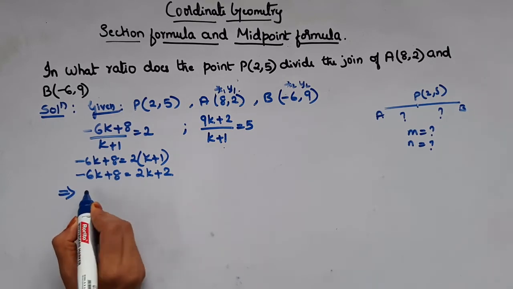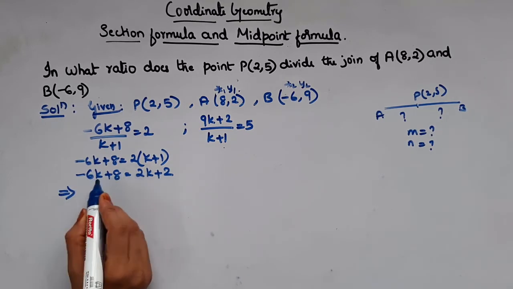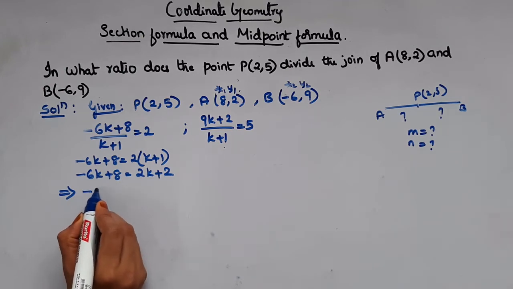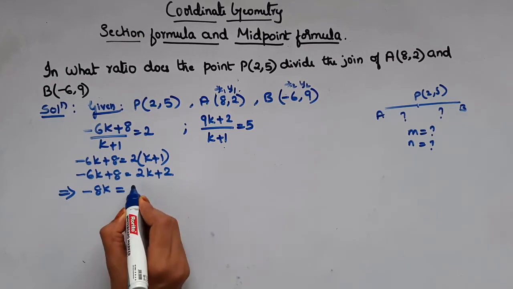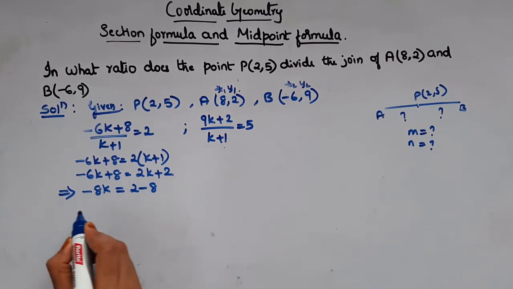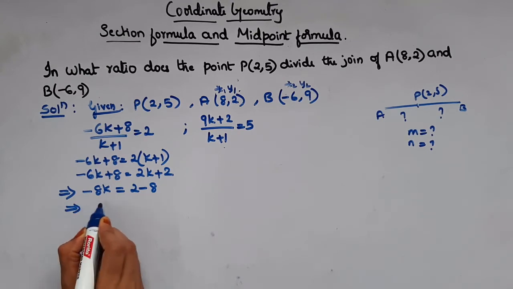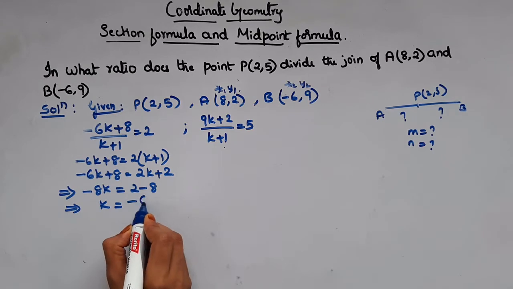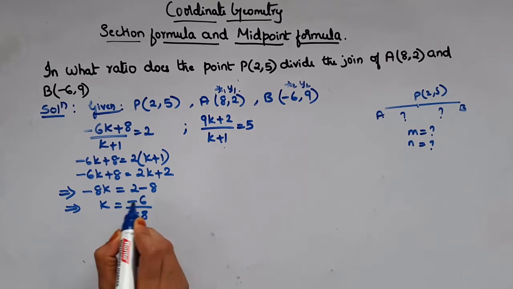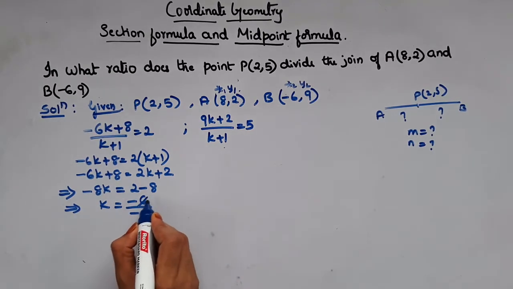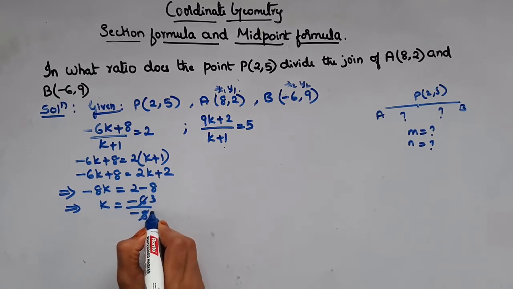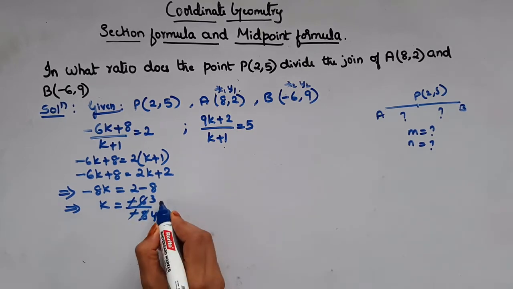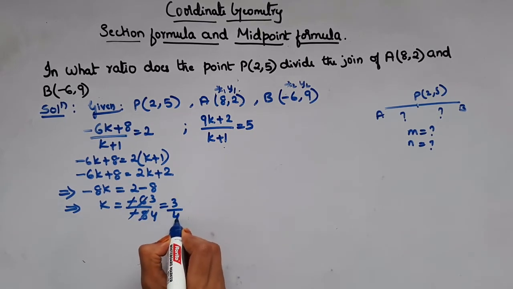We have minus 6K and minus 2K will give you minus 8K, which is equal to 2 minus 8, which implies K is equal to 2 minus 8, which is minus 6, by minus 8, right? So 2 3s are 6, 2 4s are 8, minus and minus is gone. So we are left with 3 by 4. So your K is 3 by 4.